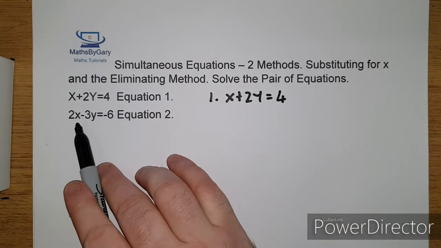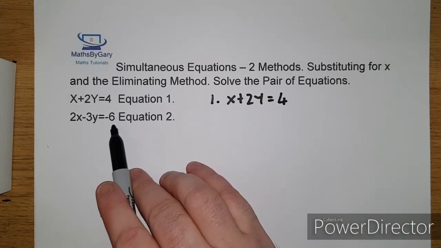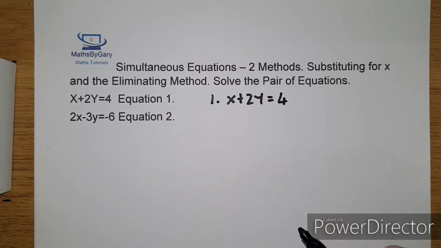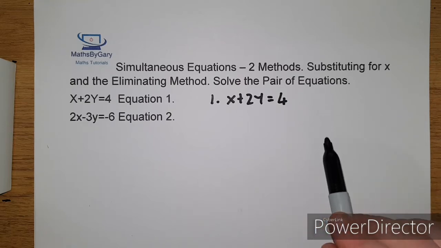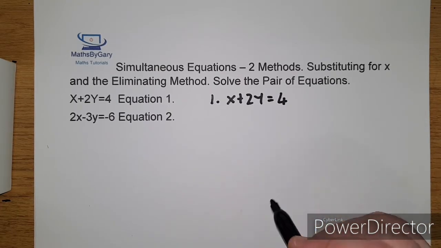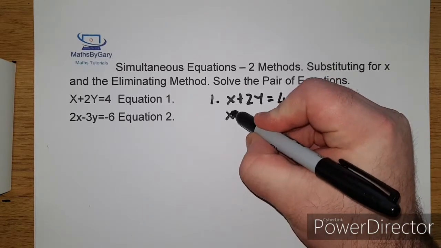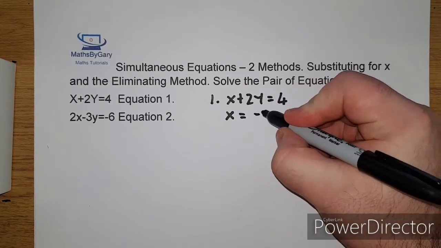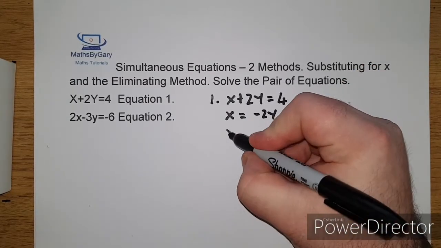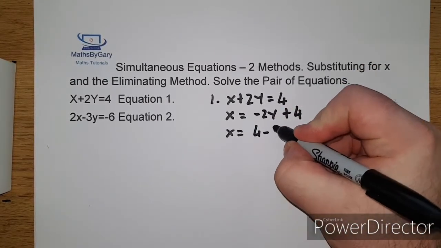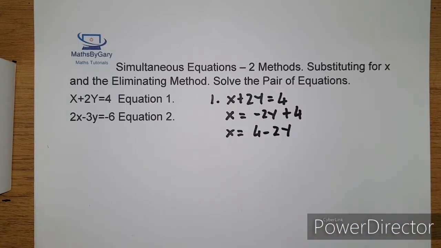Equation 2 is 2x minus 3y equals minus 6, whereas equation 1 is simply x plus 2y equals 4. So if we want to substitute for x, we want to find what x equals from equation 1. In this case, it's simply x equals minus 2y plus 4, or if you want, you can write x equals 4 minus 2y, whichever way you prefer.